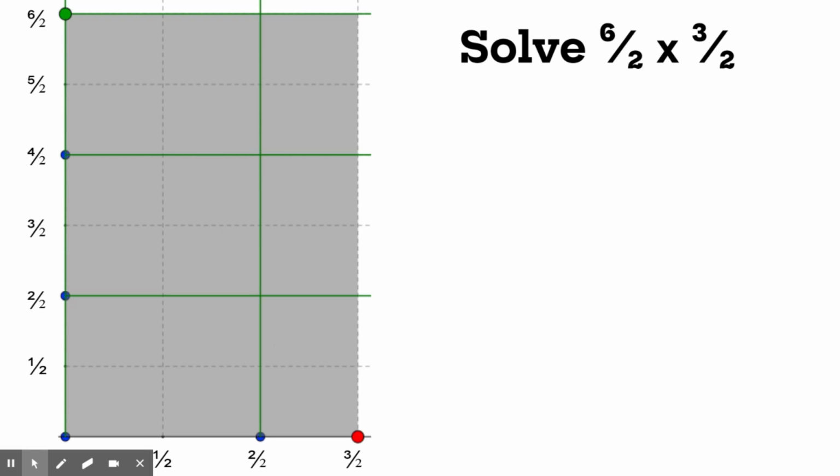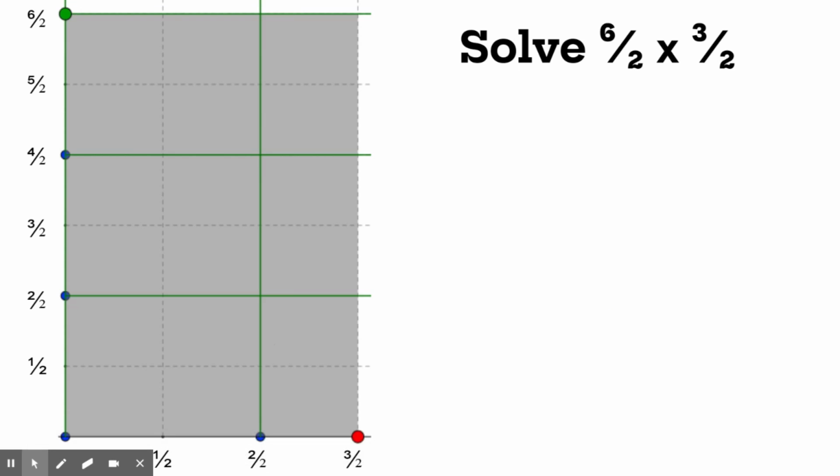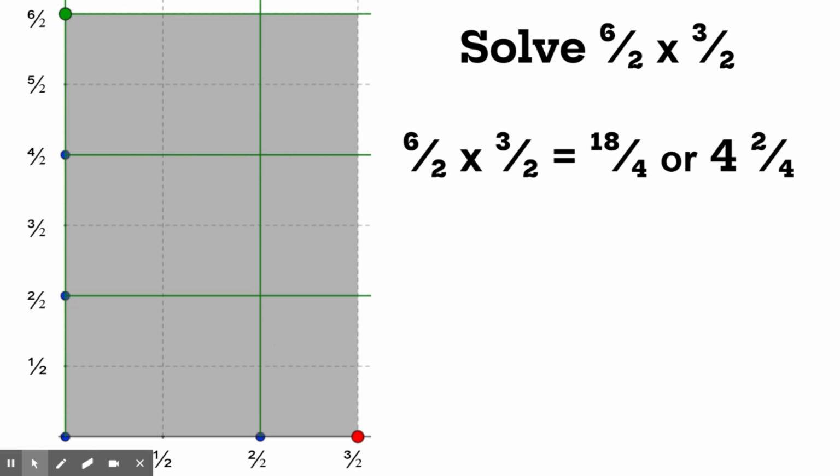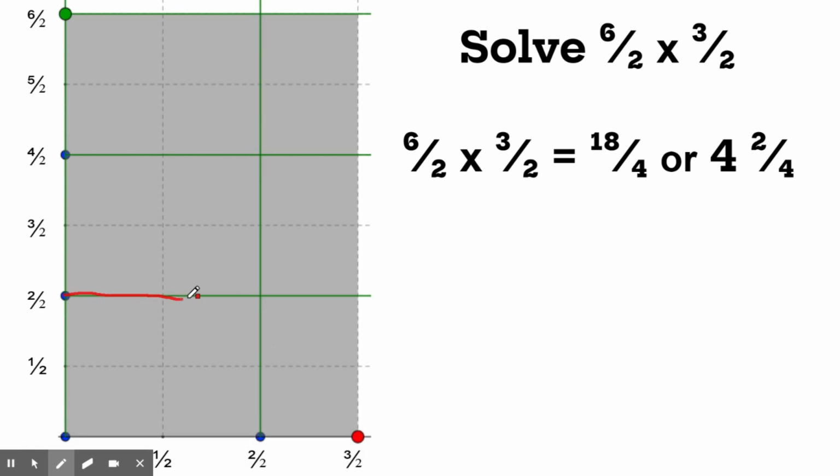So what is 6 halves times 3 halves? That will give us our answer. And 6 halves times 3 halves gives us a total of 18 fourths. And if we come back here and we look at one whole, you can see this has been split into 1, 2, 3, 4 equal parts, which means that each piece is equal to a fourth.